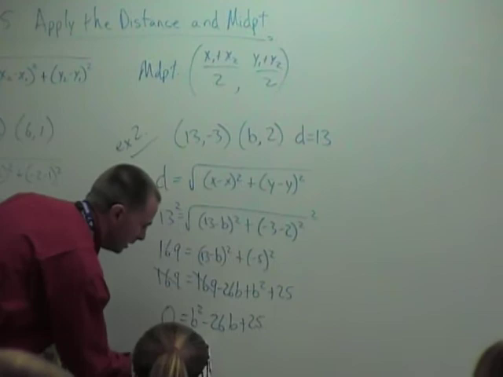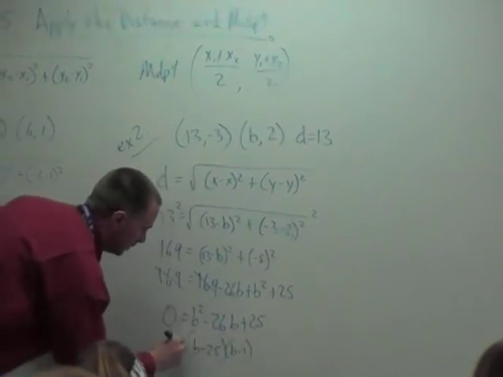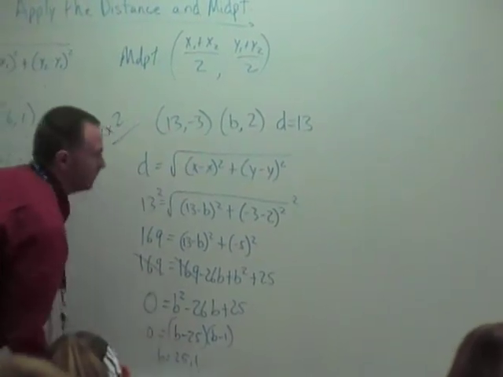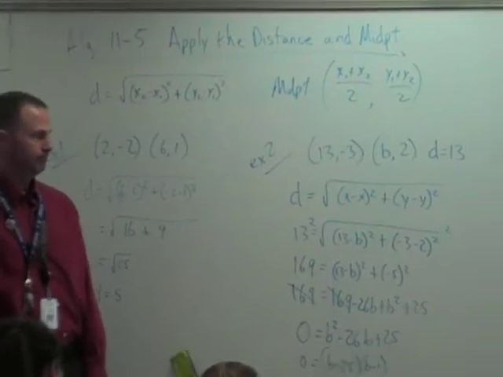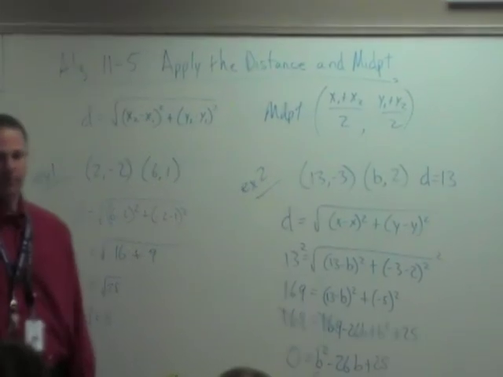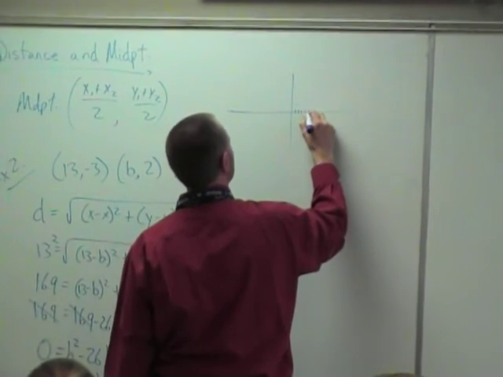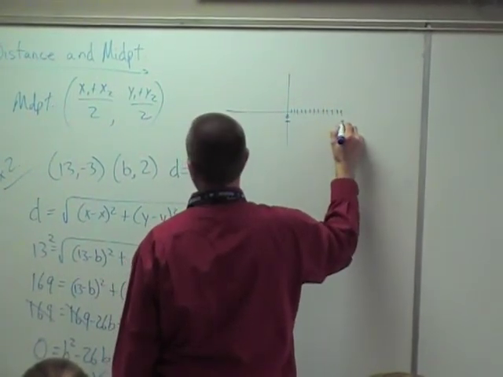Okay, so this is b minus 25, b minus 1. So b is either 25 or it's 1. Just curious, let's just grab this. 13, negative 3, 1, 2, 3, 4, 5, 6, 7.